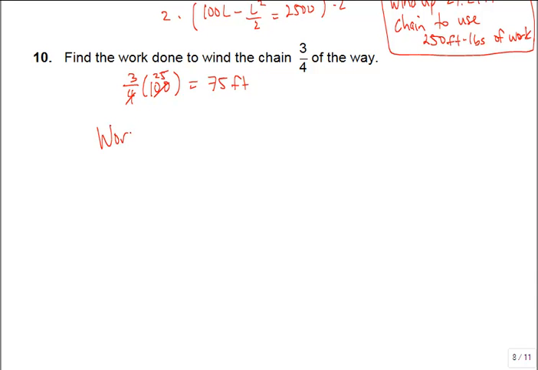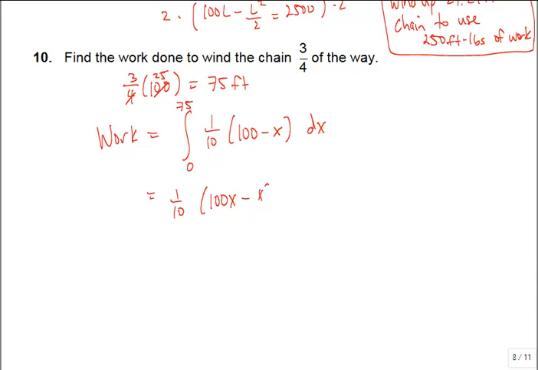So my work is going to be that same 1/10 times 100 minus x. This is your linear density, that amount of pounds per foot, times the number of feet that we have left to wind up, dx, and we want to do this from 0 up to 75 feet. So this becomes 1/10 times, when I integrate 100, I get 100x.